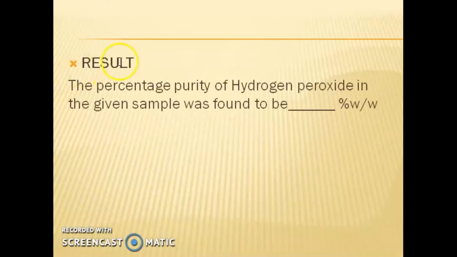At the end, you have to conclude your result, like the percentage purity of hydrogen peroxide in the given sample was found to be blank percent weight by weight. Okay, now we will proceed to the practical.